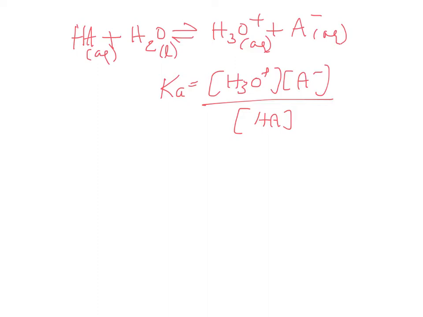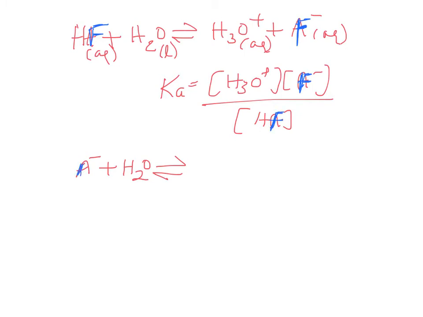And so you can also write down the expression for the conjugate base. Just for the sake of argument, I'm going to switch this to F, because you just saw the example of that. So this is going to be F minus, this is going to be HF.